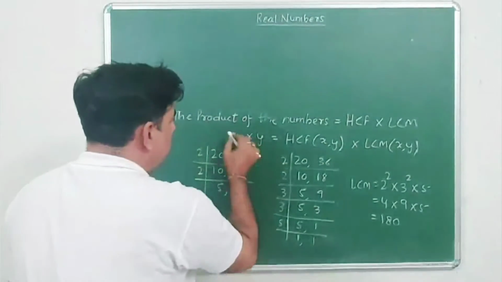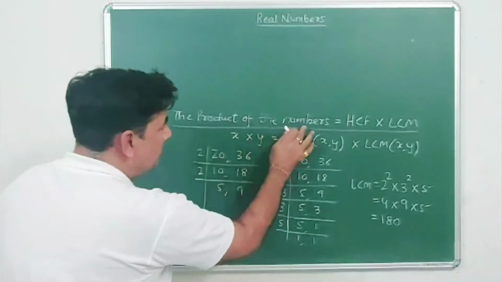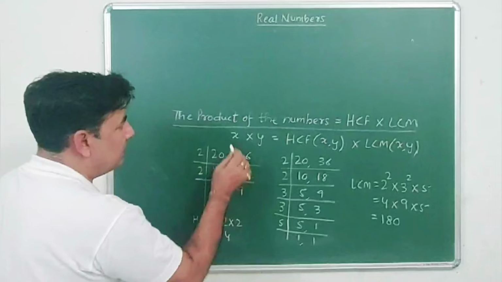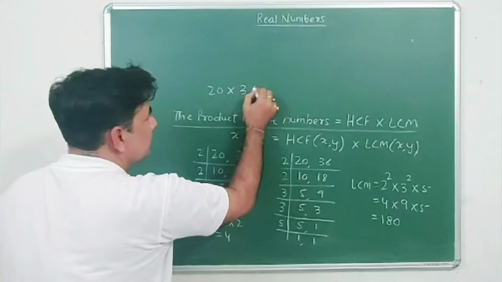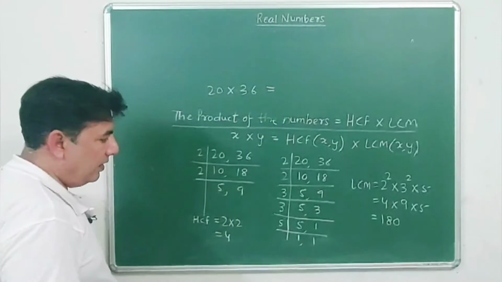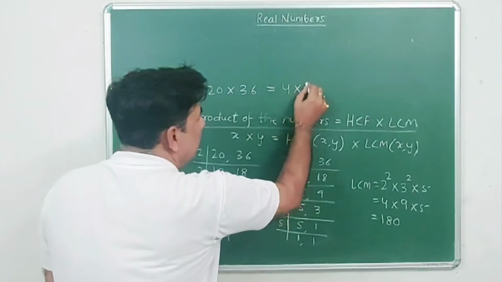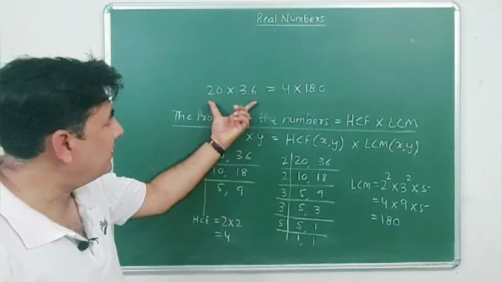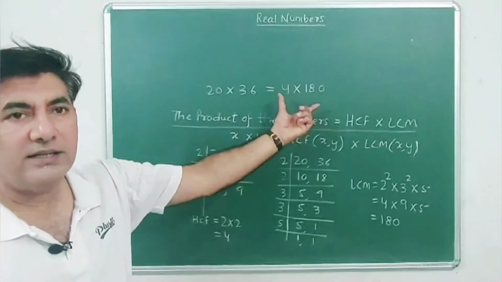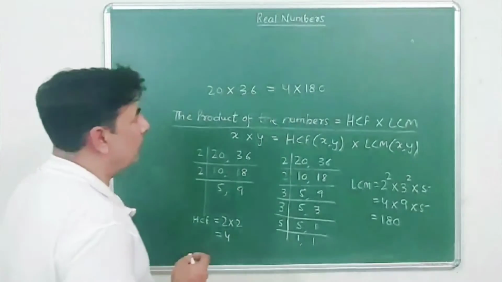Now according to this relation, the product of the two numbers, here the two numbers are 20 and 36, and what are their HCF and LCM? 4 and 180. Now let's multiply the two numbers, and let's multiply their HCF and LCM, and see whether the product is the same or not.